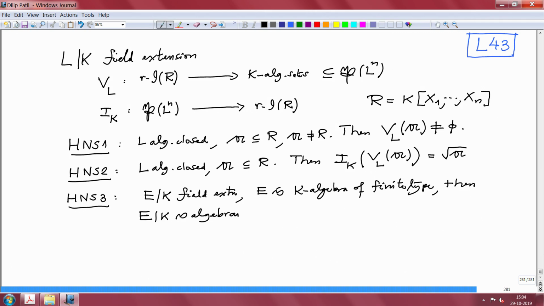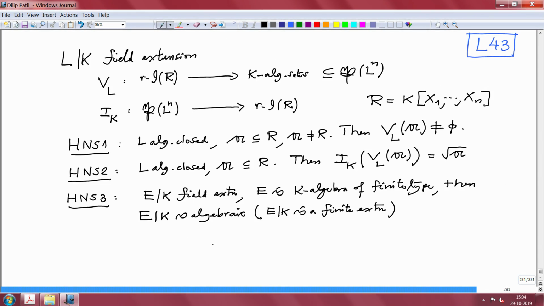That means every element of E is algebraic over K. Actually, we will prove that E over K is a finite extension. In particular algebraic. So, finite extensions are algebraic.